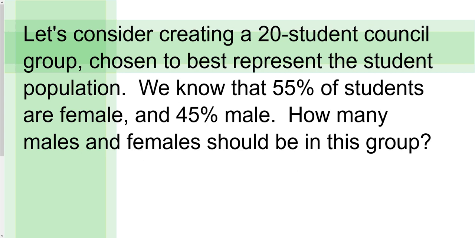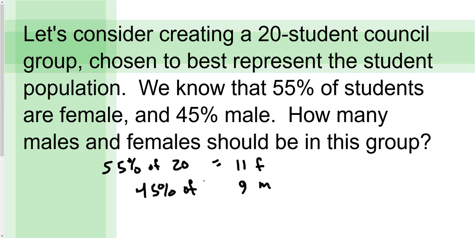Well, if you think about it, this isn't probably all that hard. We would want to know what 55% of 20 is, because we would want 55% of this group to be female. And it turns out that's exactly 11 female, and therefore there should be 9 male. And that happens to be 45% of 20.